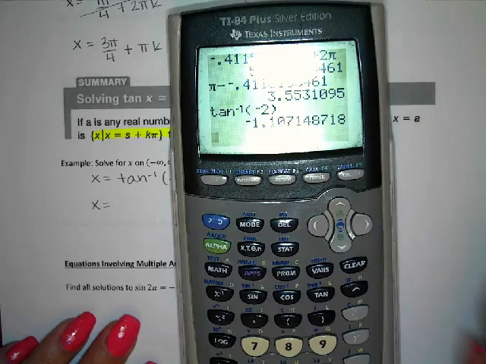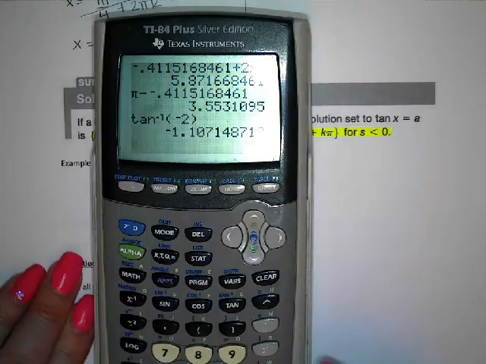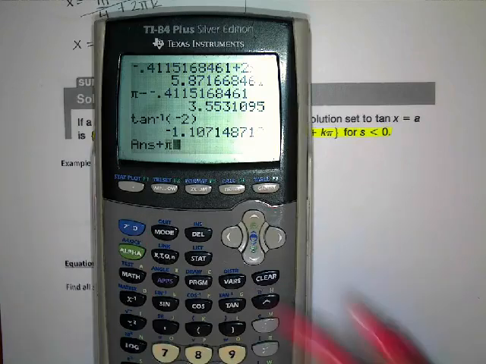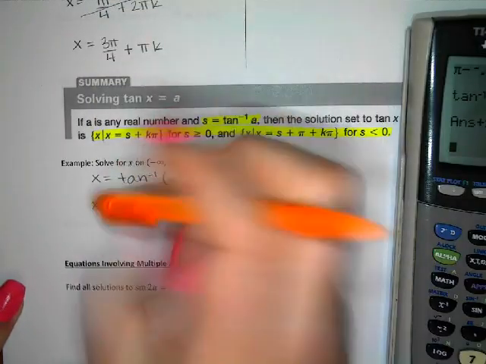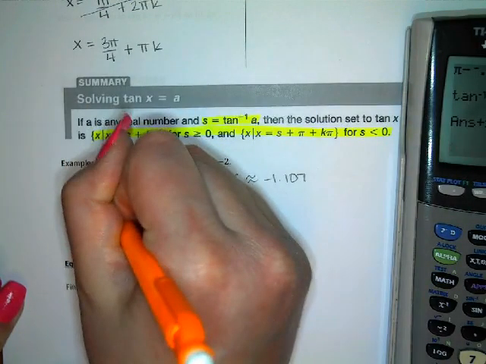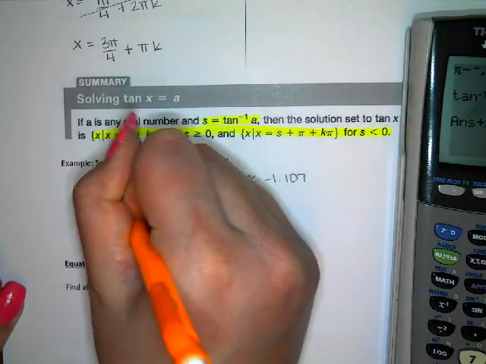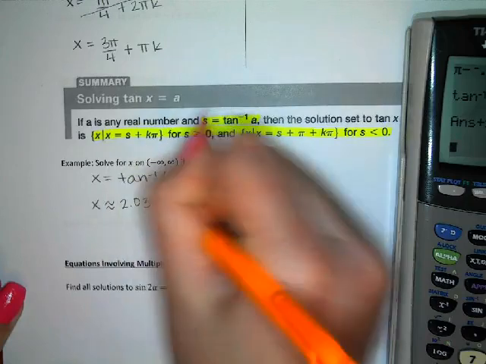So I'm going to add pi because tan answers repeat every pi, and I'm going to get myself a positive answer before I start writing down all of the possible solutions I have. So I've got 2.034 plus pi k.